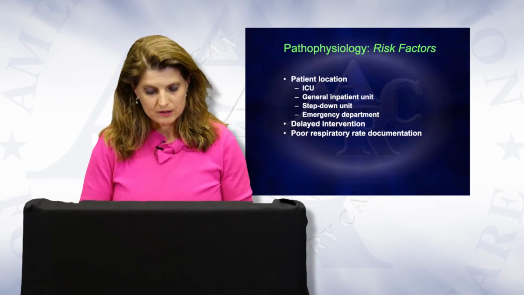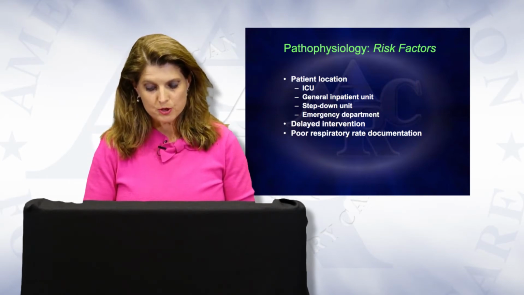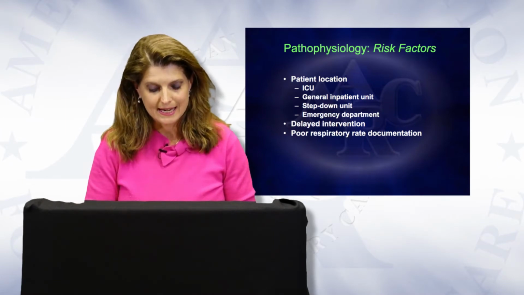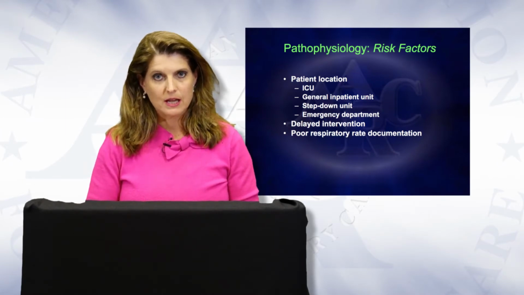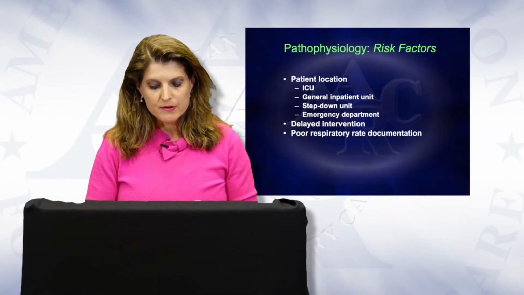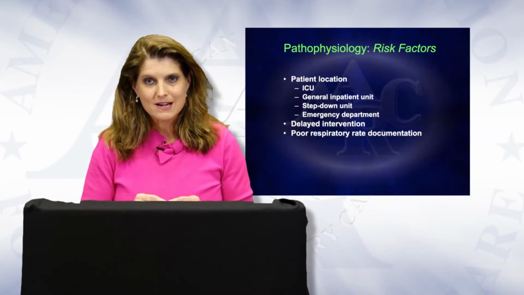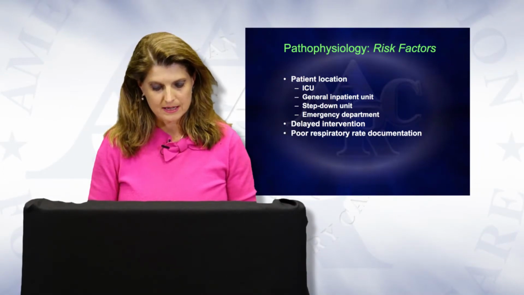Multiple clinical trials have revealed the potential for respiratory rate to be an early indicator of a patient's declining clinical state. However, the respiratory rate is the least commonly documented vital sign.